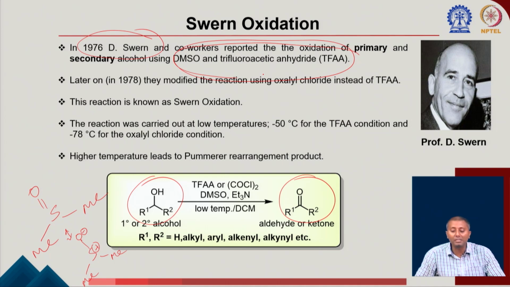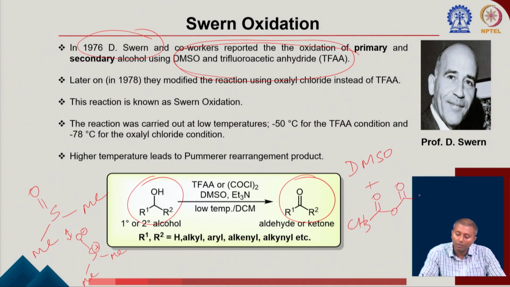It's very similar to the Albright-Goldman oxidation which I discussed in the previous class, where it was DMSO and acetic anhydride. So the Swern group replaced acetic anhydride with trifluoroacetic anhydride. That was the original discovery.